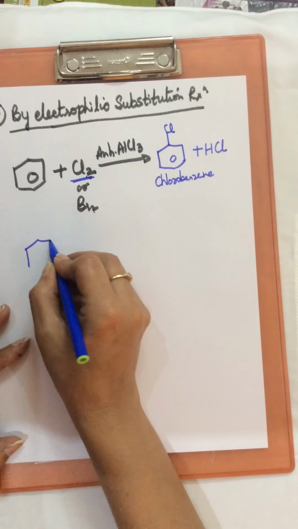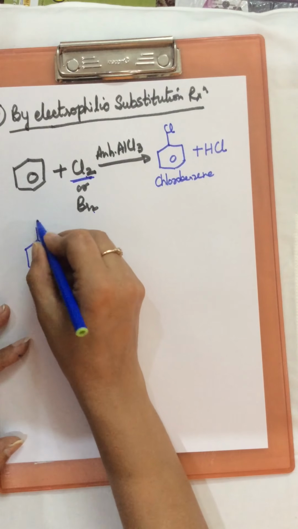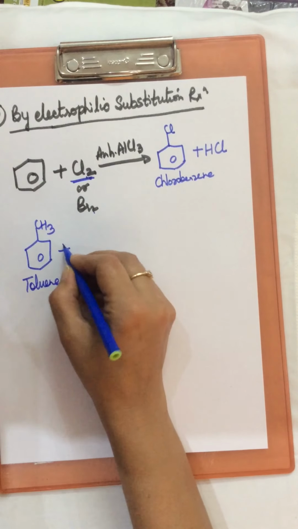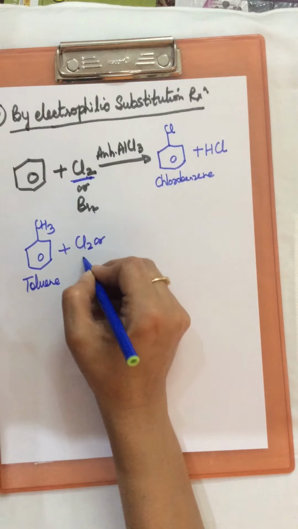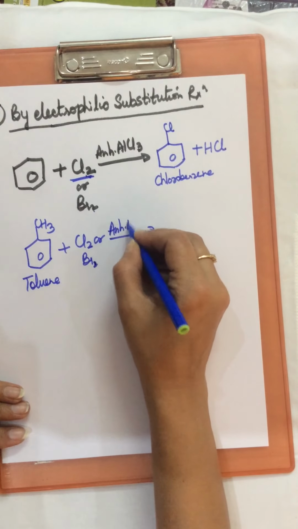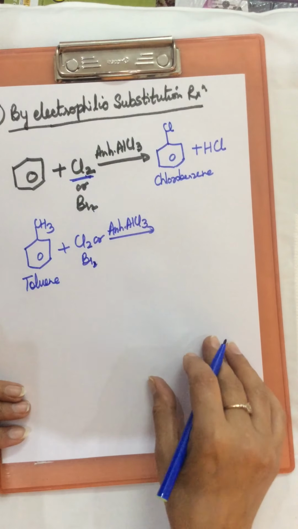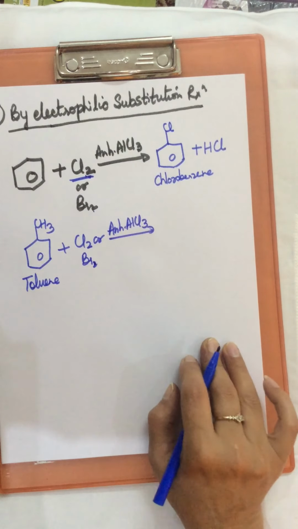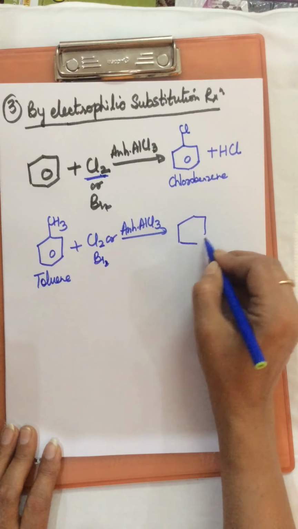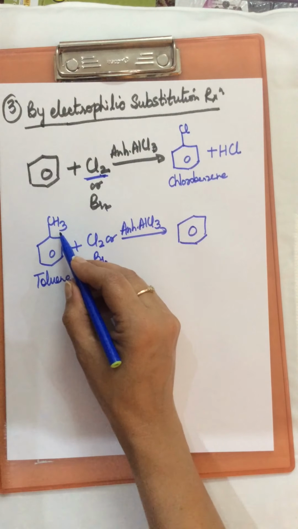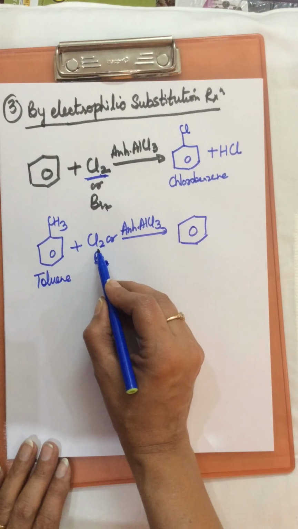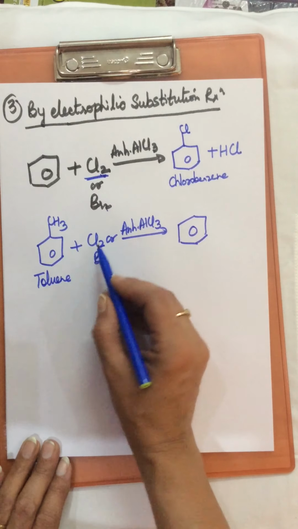In place of benzene, if we take toluene, this compound is toluene, and react this with chlorine or with bromine, again in presence of a Lewis acid, anhydrous AlCl3 or FeCl3 or FeBr3, then this already attached group here will decide where this electrophile will link, at ortho, para position or at meta position.